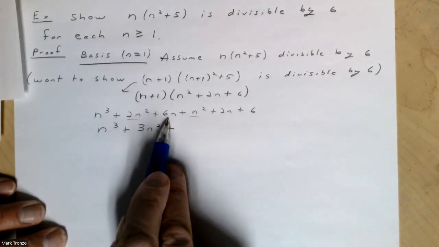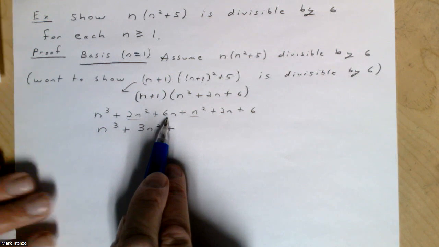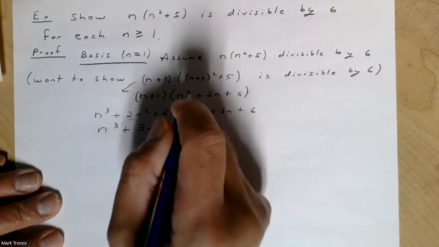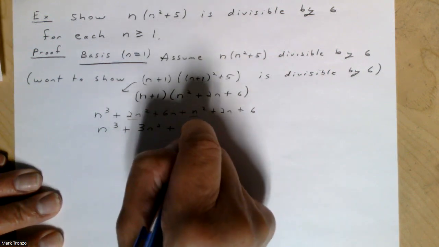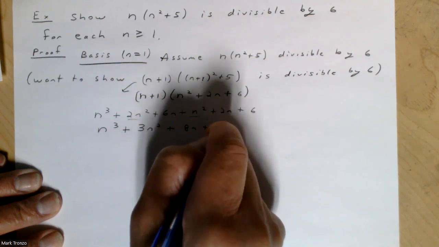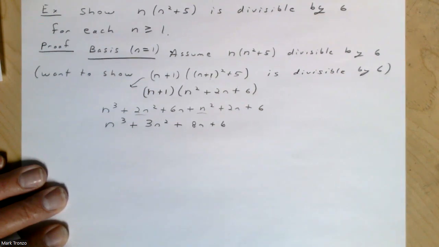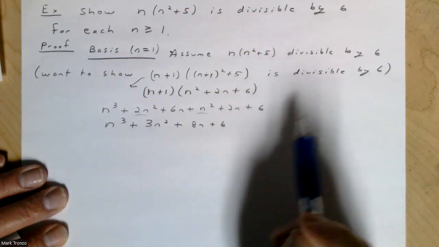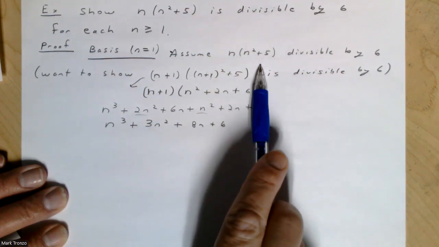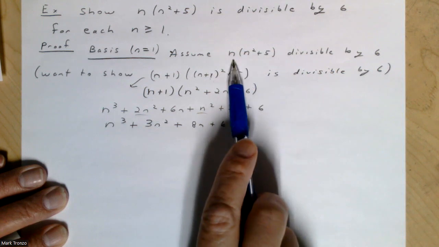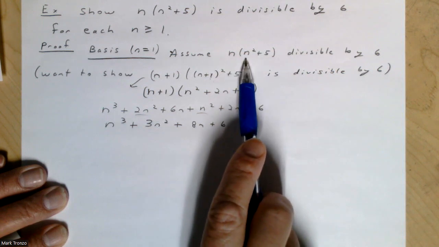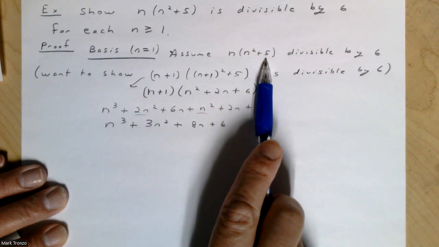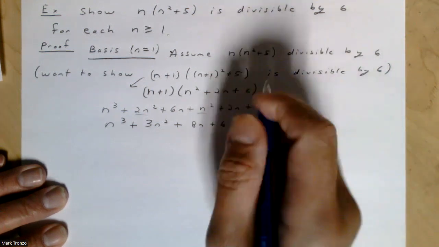And then if we put this together, it gives us 8n plus 6. And again, think of our assumption. Keep our assumption in mind up here. We have an n cubed plus 5n. So keep the assumption in mind.